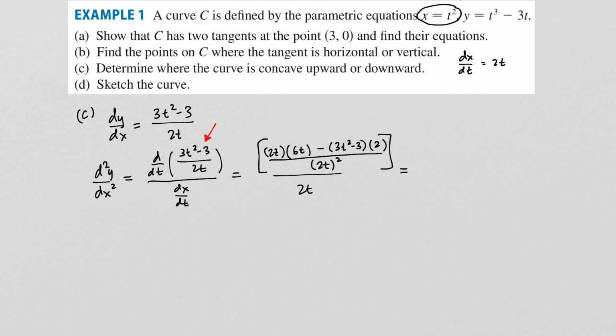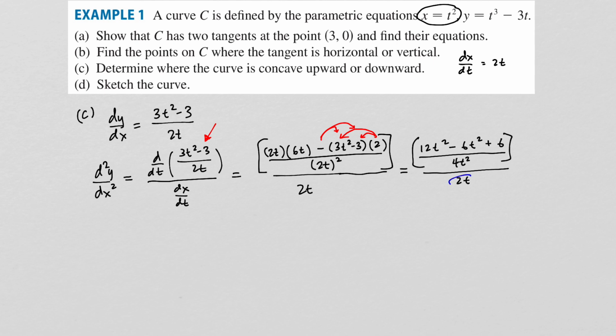So now let's just simplify this. We have 12t squared minus 6t squared plus 6. So here I am distributing the 2, and I'm also distributing the negative. This is over 4t squared, and then that whole thing is divided by 2t.